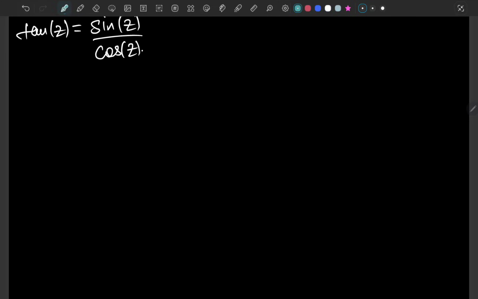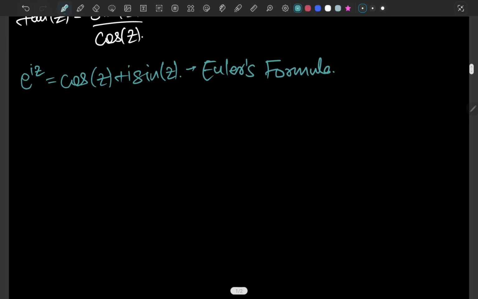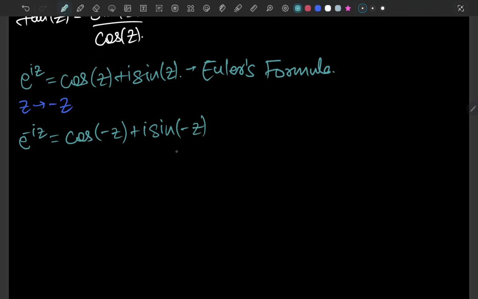Now let me talk about this formula. Basically this is e to the iz equals cosine of z plus i sine z, which is Euler's formula, an amazing formula. Now if we replace z with minus z in this equation, we have e to the minus iz equals cosine of minus z plus i times sine of minus z.